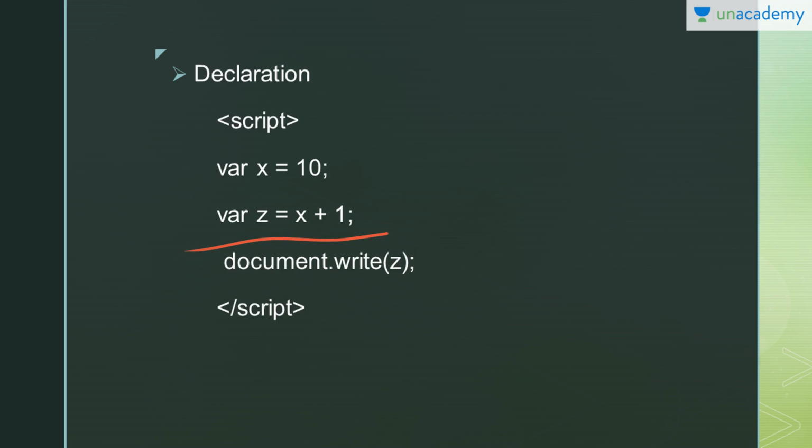So whatever the value is at location x will be added to 1, and the sum of both values will be stored in variable z, that is 11. And document.write is basically used to print anything on the screen, so we will get the output 11 because you can see that I have outputted the z variable.